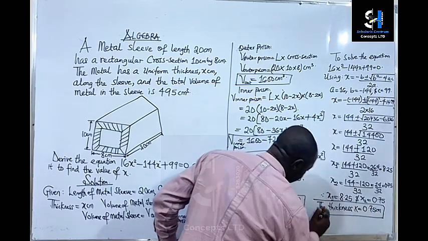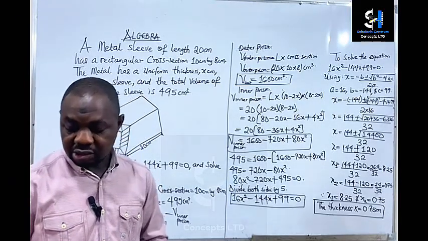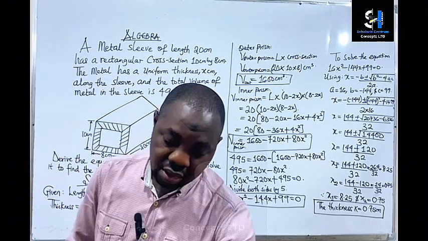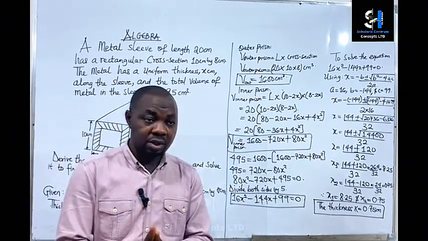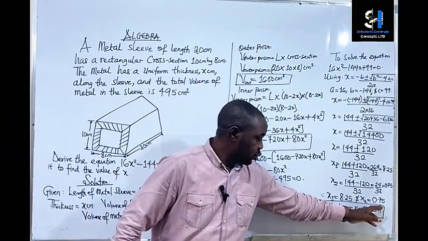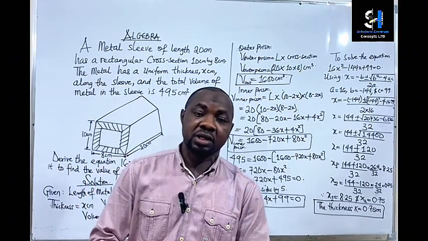Like I said, the value of x cannot be 8.25, because the thickness will be smaller, and the only value of x which is smaller in this case is 0.75 centimeters.